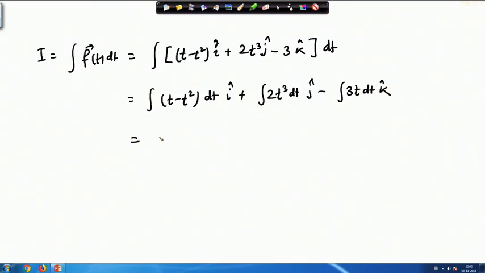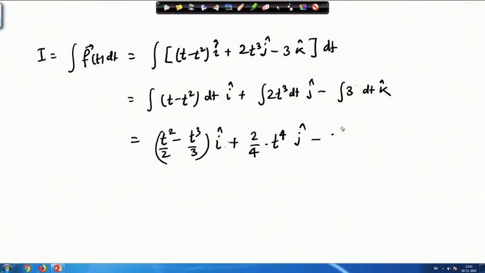Then when we integrate, this will result in (t square by 2 minus t cube by 3) i, and this one will be 2 by 4 t to the power 4 times j, minus 3t k, plus a constant vector c.